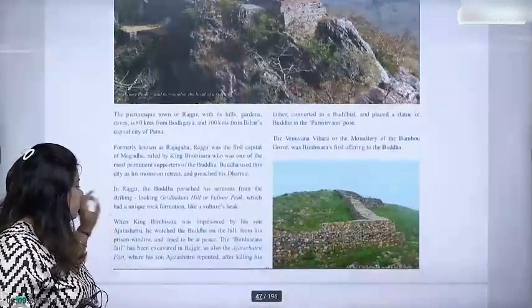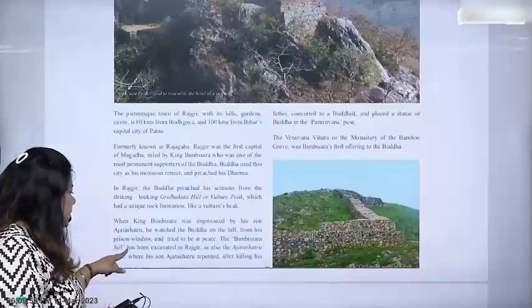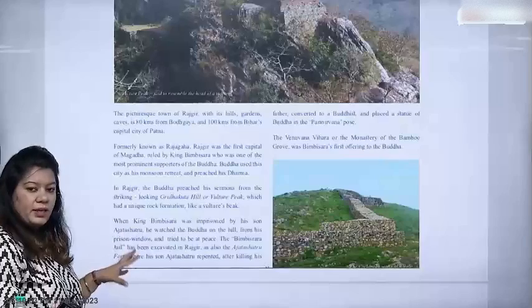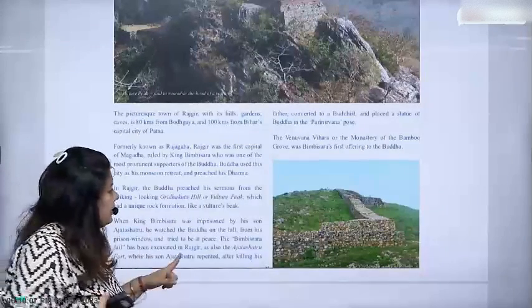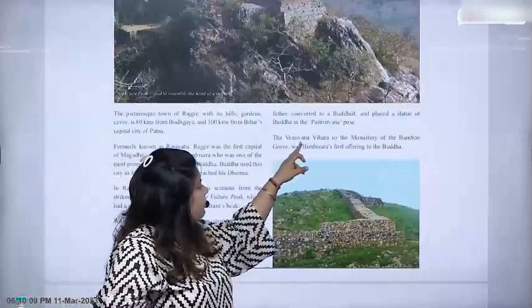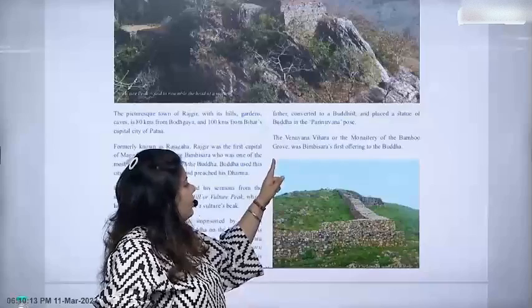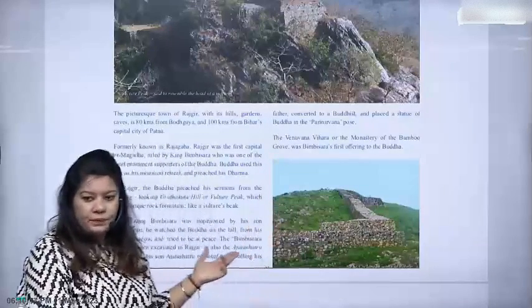Now also there is one fort, Ajatashatru's fort, where Bimbisar was jailed, and the Bimbisar jail in Rajgir. Now this has to do with modern, so you can skip. There is this Venuvan Vihar, again very important in Rajgir, because this was Bimbisar's first offering to Buddha, right?